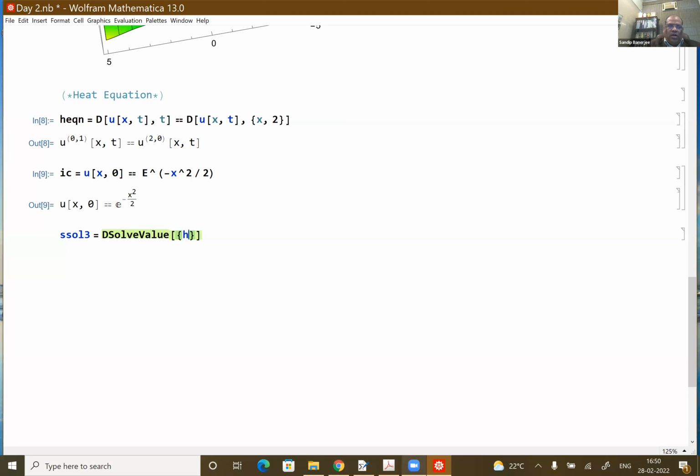I will take the equation, take the initial condition, take the dependent variable and the independent variable.